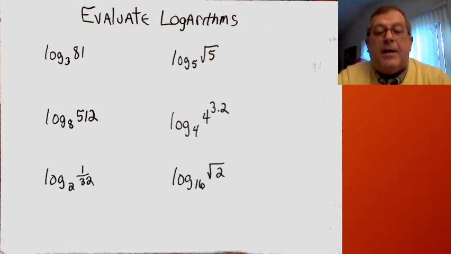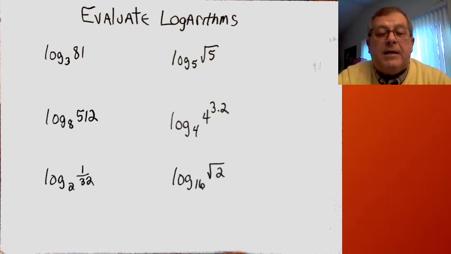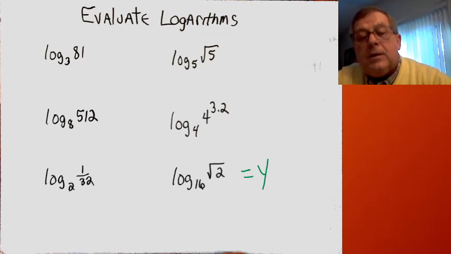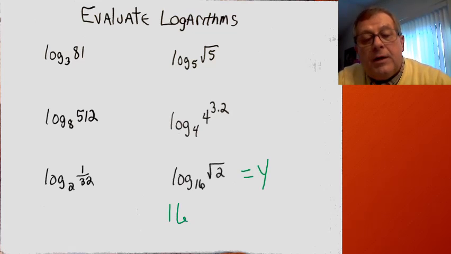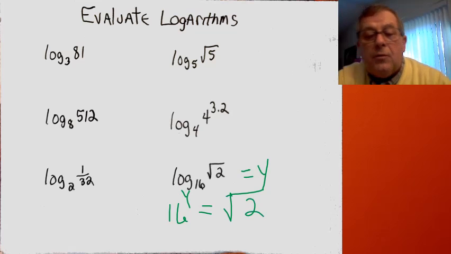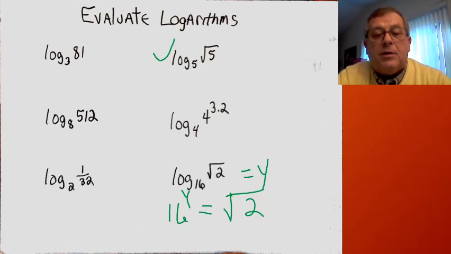All right, lastly in all this, again, I got a log base 16 of the square root of 2. So let's see, so now I've got 16 raised to the power of y equals the square root of 2. So what can give me that? So again, if you go back to what we looked at right here, that means that I have a rational or a fraction as an exponent.